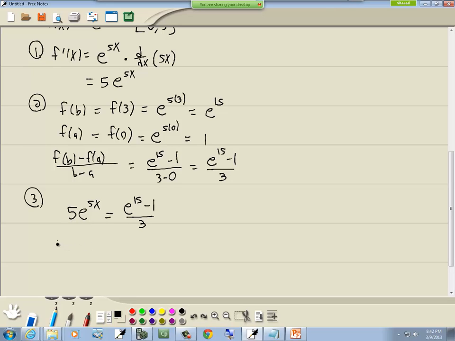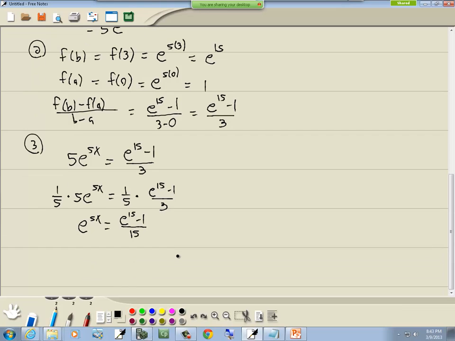Well, we can multiply both sides by 1/5 to get rid of that number. That's the same as dividing both sides by 5. But if there's already a fraction over here, you're probably going to find it easier to multiply both sides by 1/5. Well, those disappear, and we get e to the 5x equals e to the 15th minus 1 over 15.